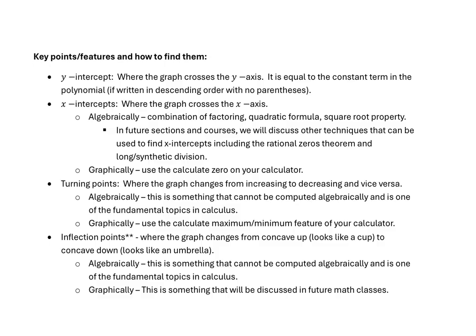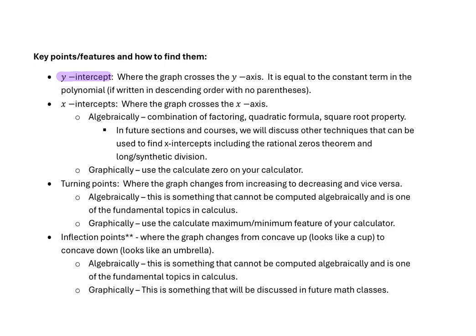When we talk about the y-intercept, this is where the graph crosses the y-axis. It is equal to the constant term in the polynomial if it's written in descending order with no parentheses, which is what we're going to be looking at here. But in general, remember that to find the y-intercept, we plug in 0 for x, and we simplify the expression.